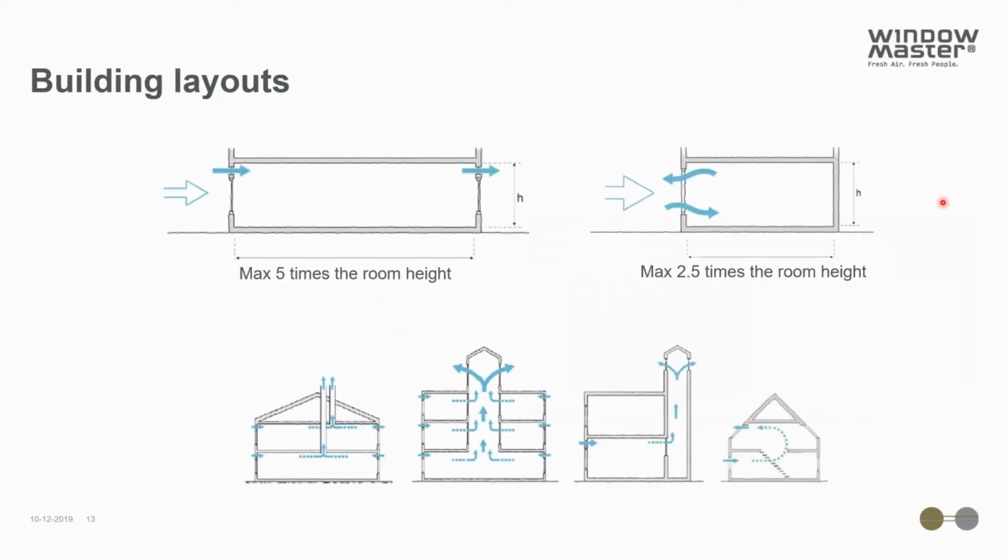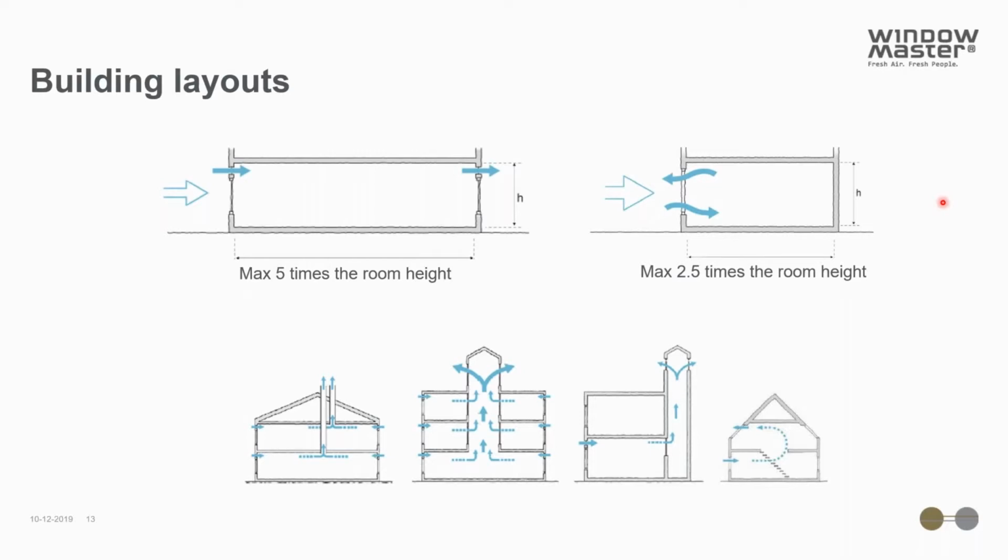When thinking about the building layouts and what type of natural ventilation or what strategy to use, you need to consider very much the depth of the ventilated zones. So we usually say that for a single-sided ventilated space, you should maximum have a depth of the room of 2.5 times the room height.